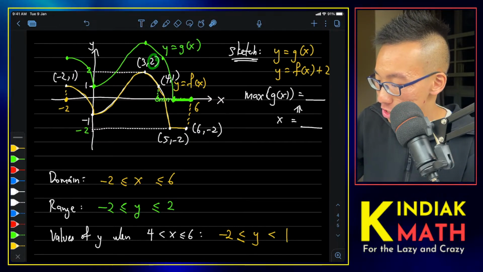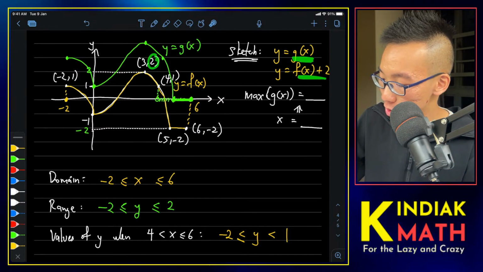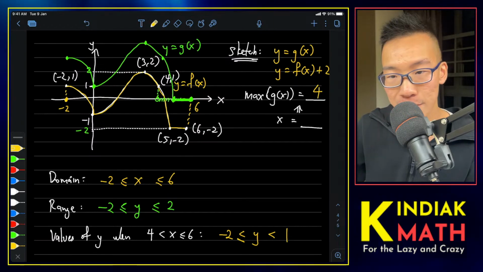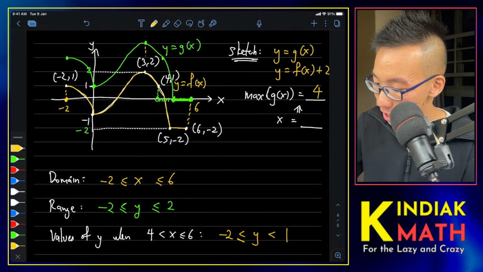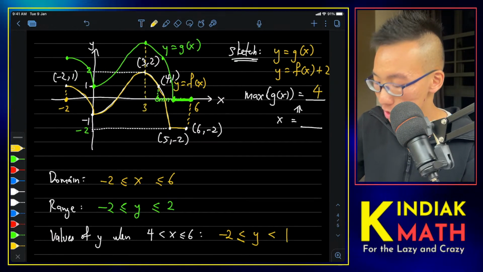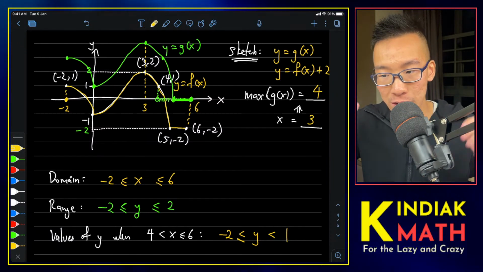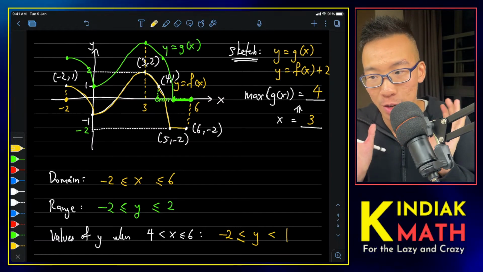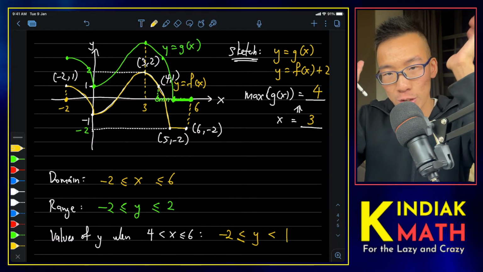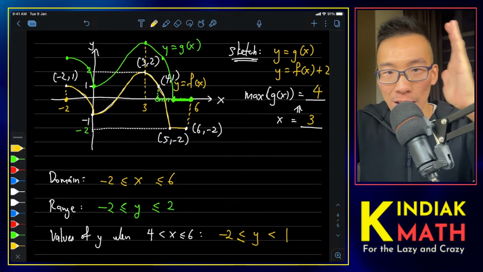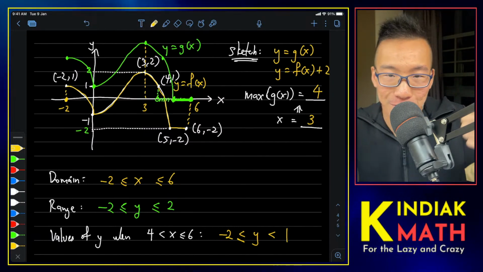That's what g of x is all about. So it's 2 plus 2. Our answer is 4. The x value that gives it is still 3. Essentially, we took the y equals f of x function and we shifted everything up by 2 units, which means that we didn't do any left or right shifting, which means we are safe.